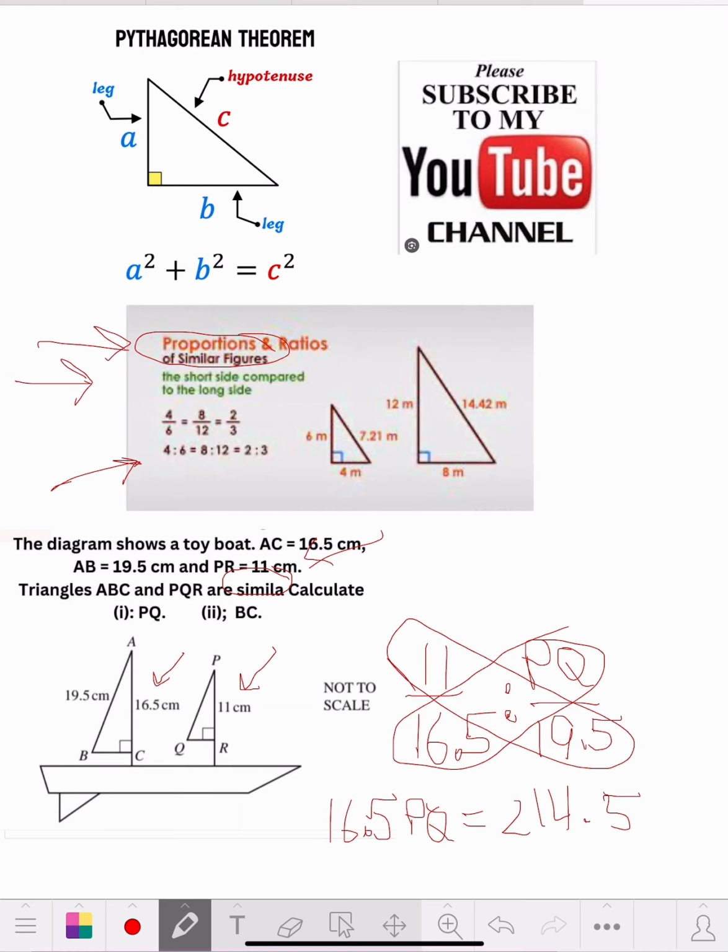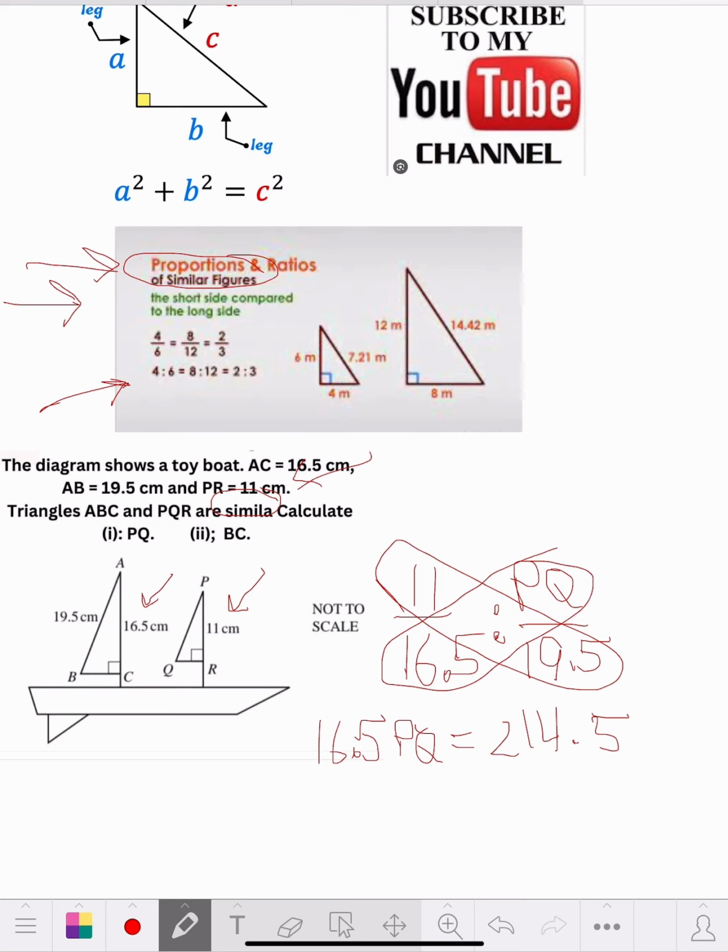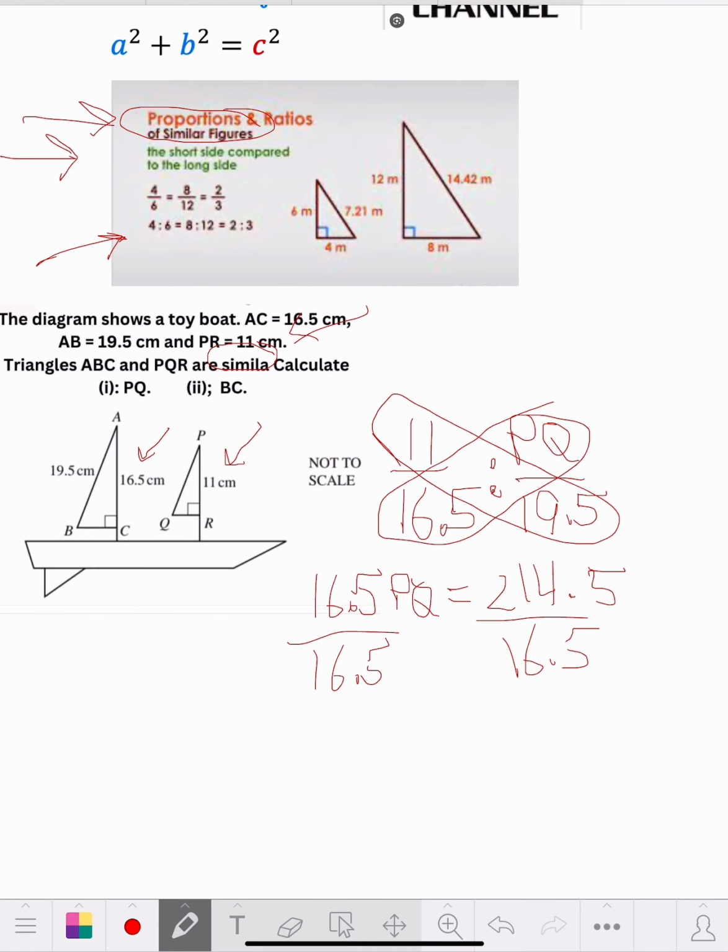But now we've got to get PQ by itself. So what do we do here? We divide each side by 16.5. What we do to one side, we have to do to the other side. So now this crosses out, and 214.5 divided by 16.5, PQ equals 13. And that's my answer to show the teacher.